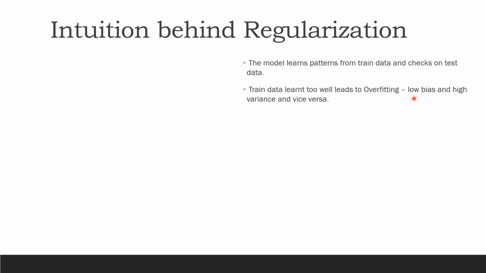But wherever we have a very low bias situation, there is a high chance of high variance. High variance means that when we use the relationship learned from the training data on the test data, we see a big difference between the actual and the predicted values.